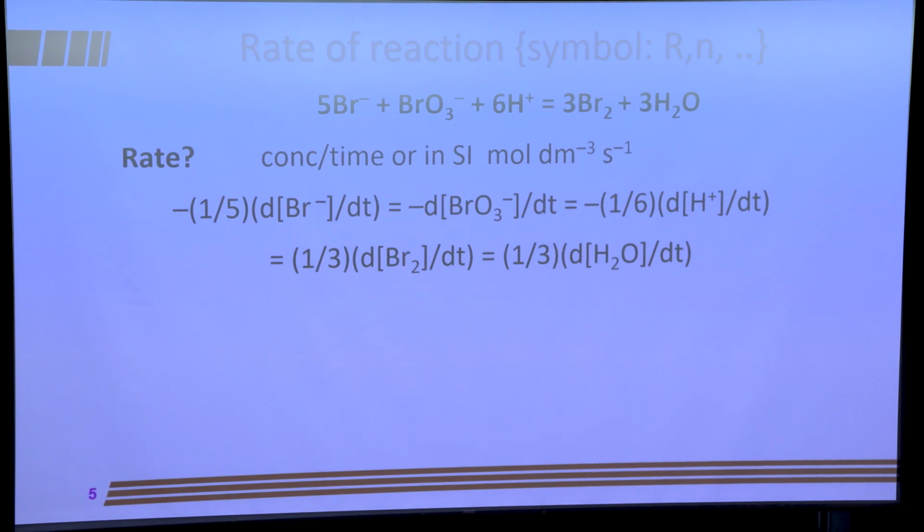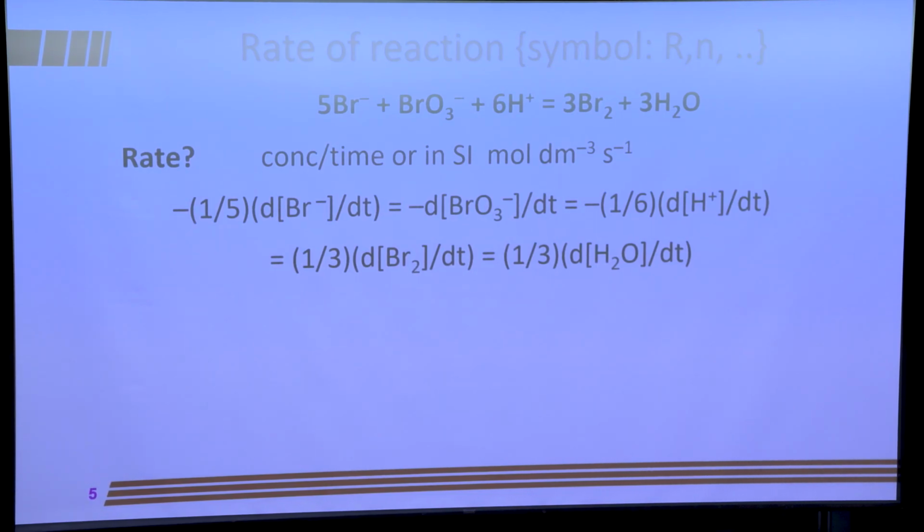Okay, so here's a little bit of chemistry, and I know probably most of you are engineers and have an engineering background, but just bear with me. They're fairly simple equations, right? So we have 5 moles of Br minus plus BrO3 minus plus 6 moles of H plus gives 3 moles of Br2 and 3 moles of water, right?